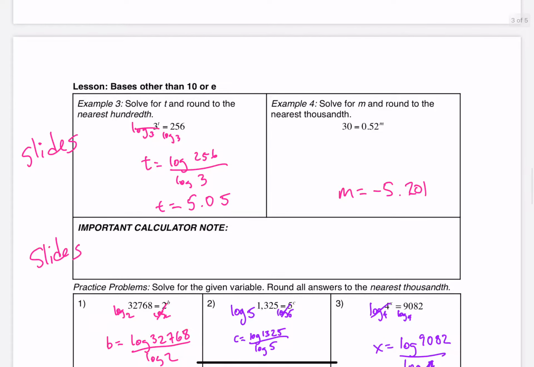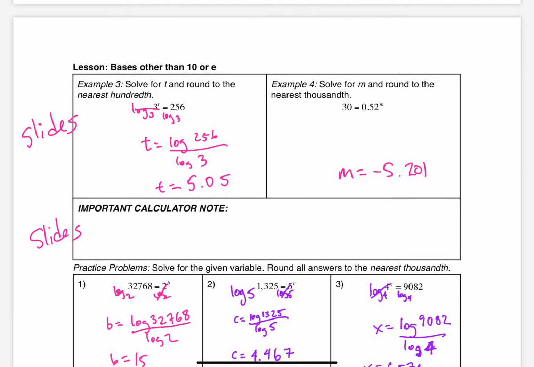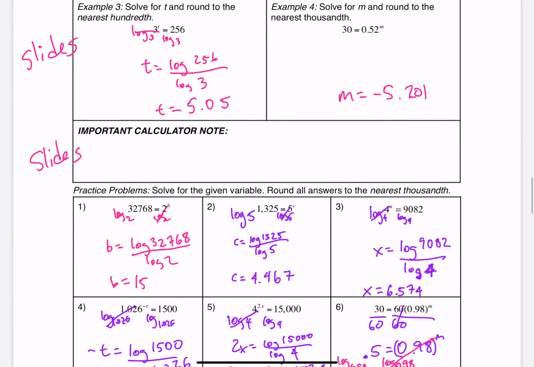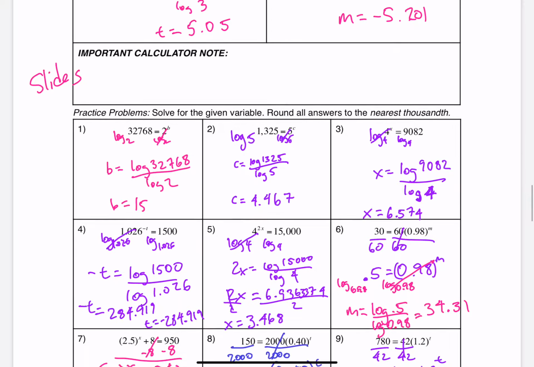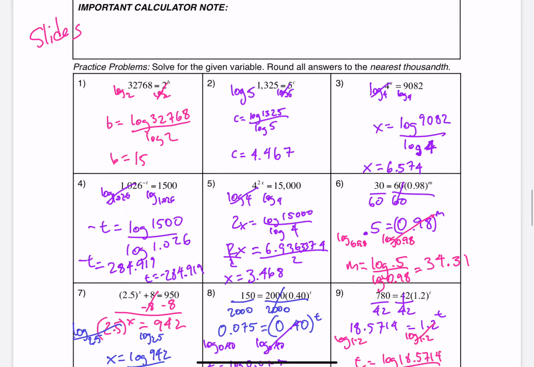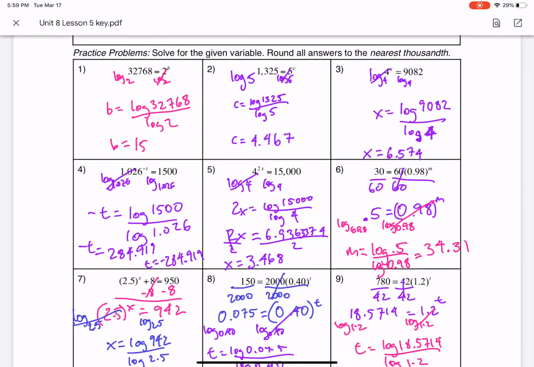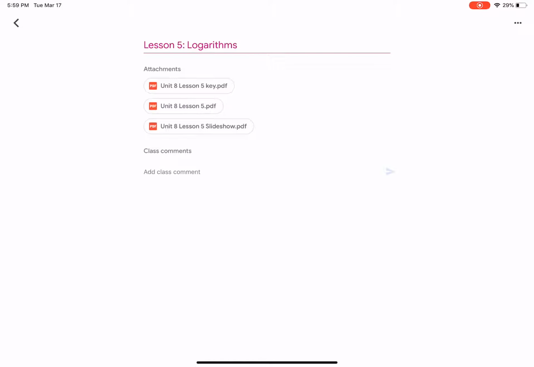Now, a lot of them say refer to the slides, and you could certainly do that. Really, page 3 has a lot that would be helpful for you. You can also refer to the slides. So the slideshow is also attached as a PDF.